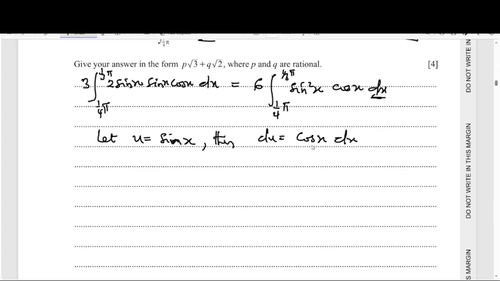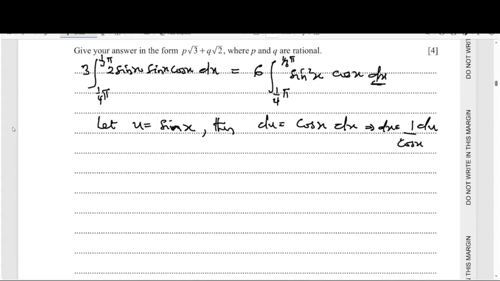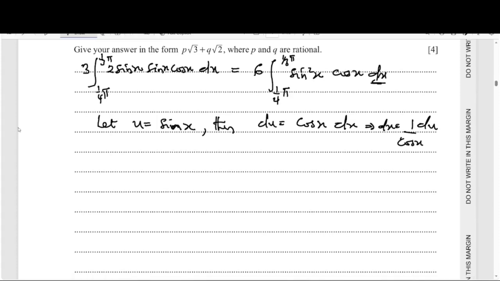We divide both sides by cos x so that dx will be equal to du times 1 over cos x, or du over cos x. So I'm going to rewrite the question, and do the necessary substitutions, and make sure that all the x's in the question go away.